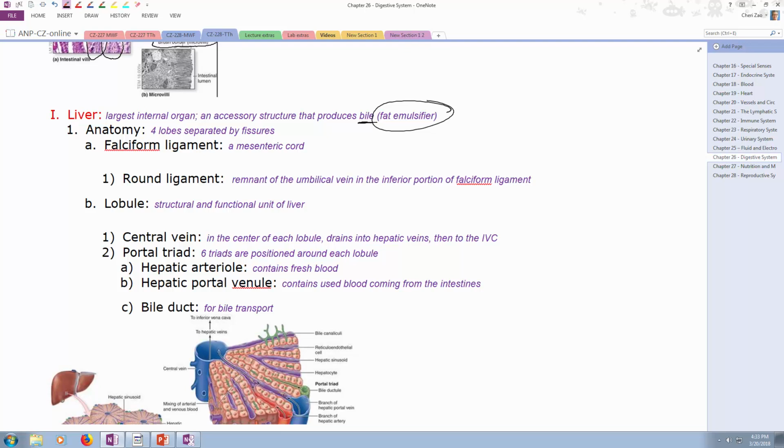Anatomically, our liver has 4 lobes. One of them is really large, and it's the right lobe of the liver. So on the right side of your body is where the bulk of your liver is located. You do have a left lobe, and you have 2 other lobes that I'm not going to mention, but they're all smaller. The right lobe of the liver is indeed the largest, and that's where you're going to find the gallbladder hanging off of.